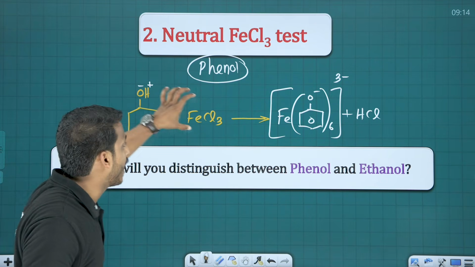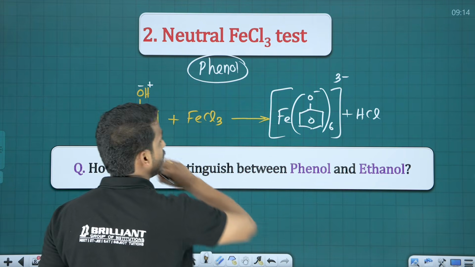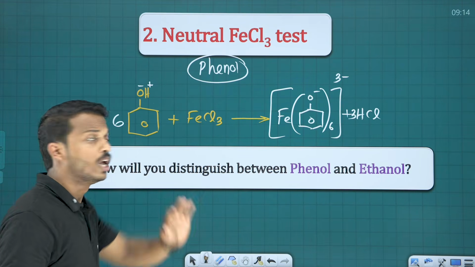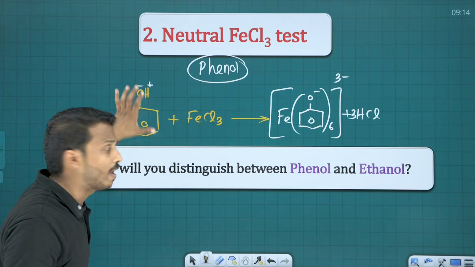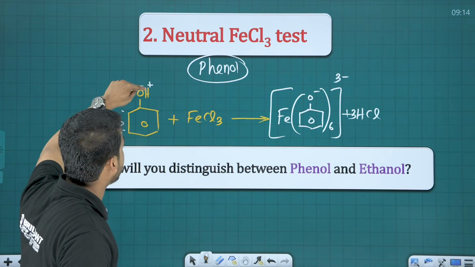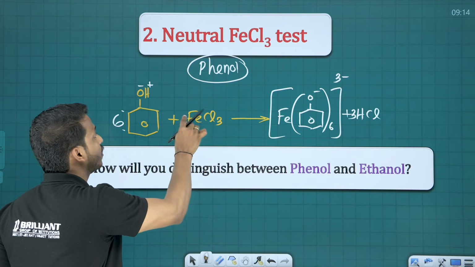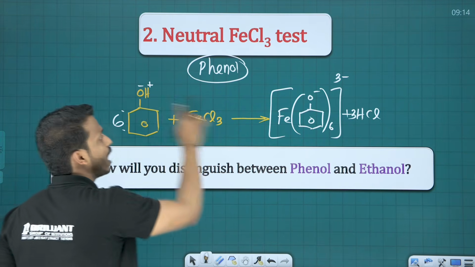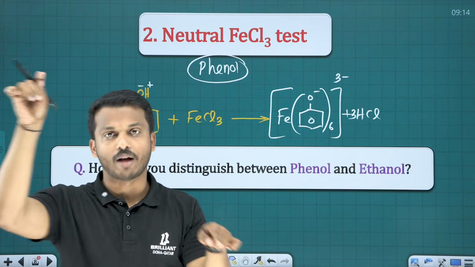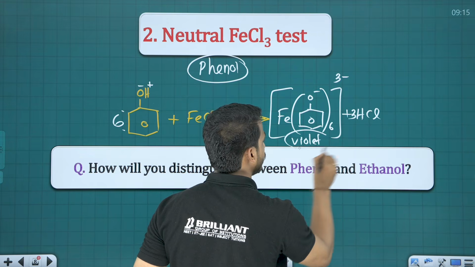While balancing, 6 H here will be 3 HCl, and 3 H plus also goes out. So when phenol reacts with neutral ferric chloride, you get a complex: Fe combined with phenoxide ion, whole 6 times, 3 minus. That complex has a violet color.